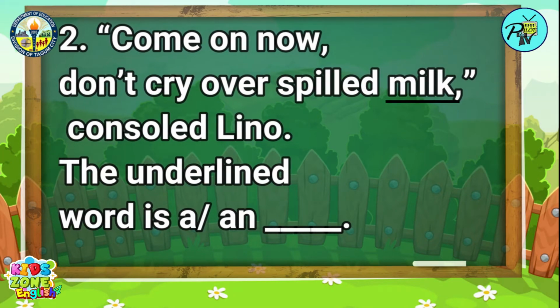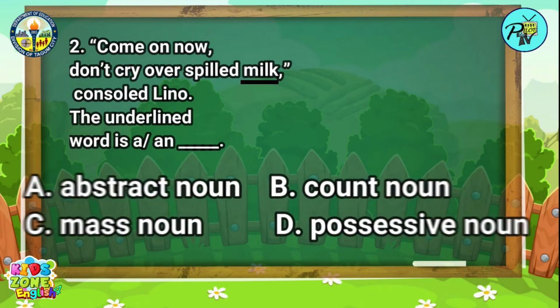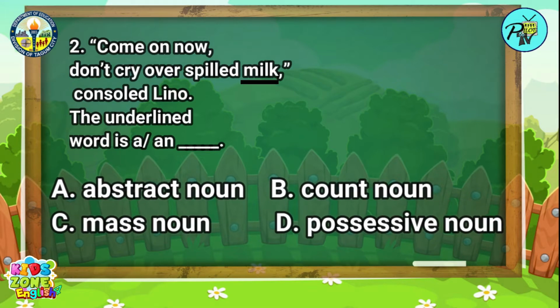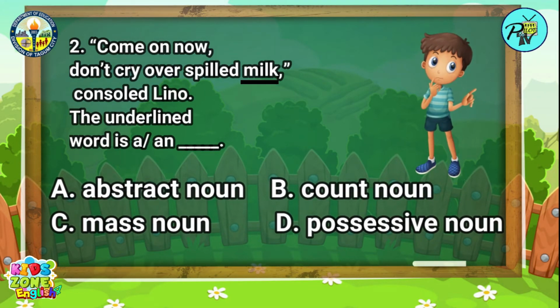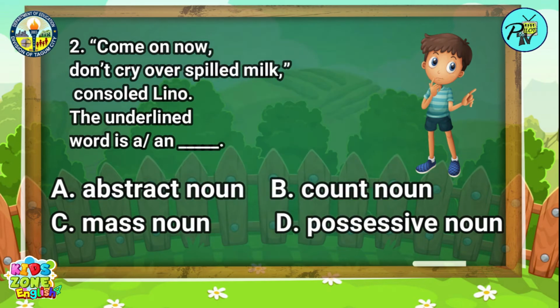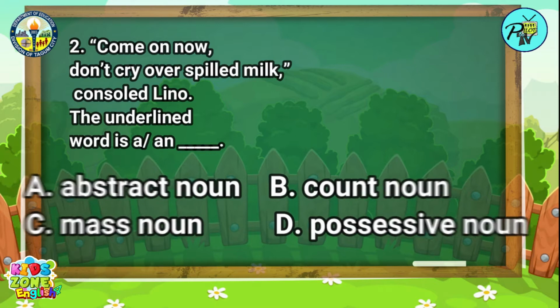Console Lino. The underlined word is A. Abstract noun, B. Count noun, C. Mass noun, D. Possessive noun. What is your answer? Brilliant! The correct answer is letter C.